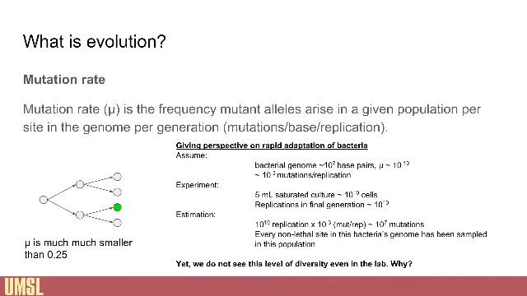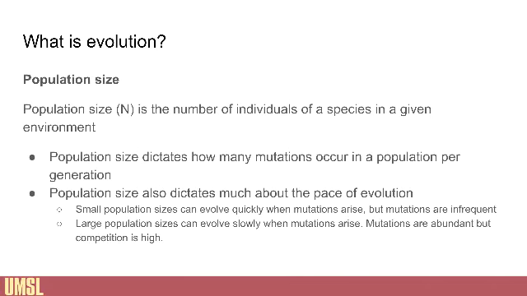Why don't we see mutations all the time? One of the factors that drives this are some processes that we're going to get to later. One of them is population size. Population size is the number of individuals of a species in a given environment. I hope this is straightforward so far.